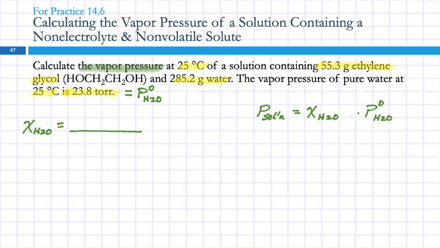So I'm looking at moles of water or moles of ethylene glycol. To find the mole fraction of water, I'm looking at moles of water divided by the total number of moles, which is the moles of each part, the moles of the water plus the moles of, I'm going to call it EG, ethylene glycol.